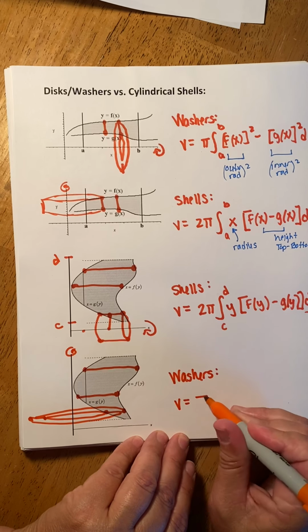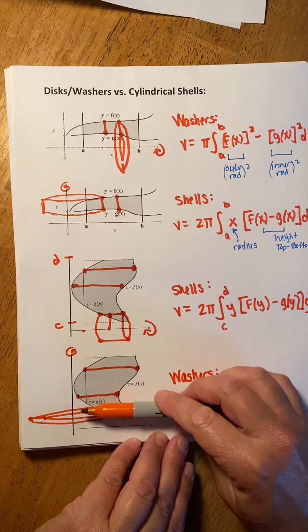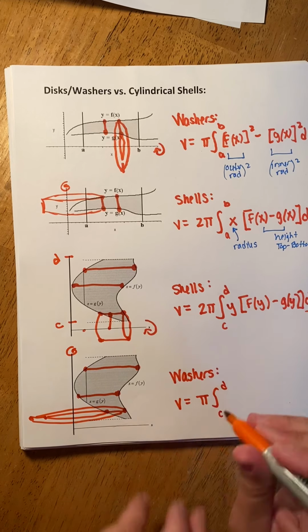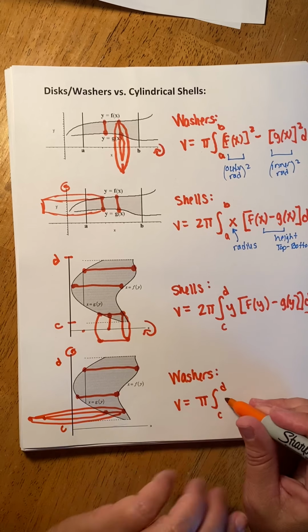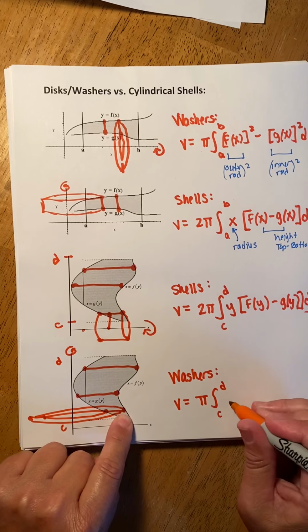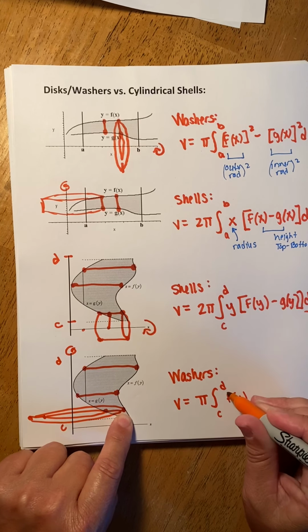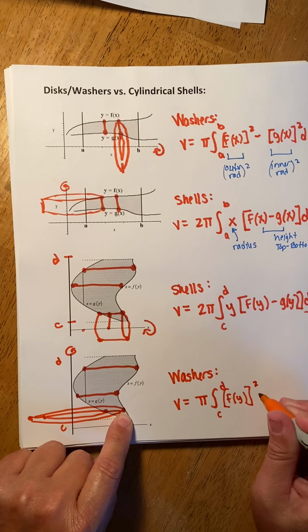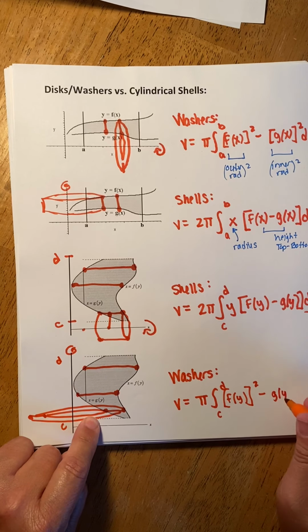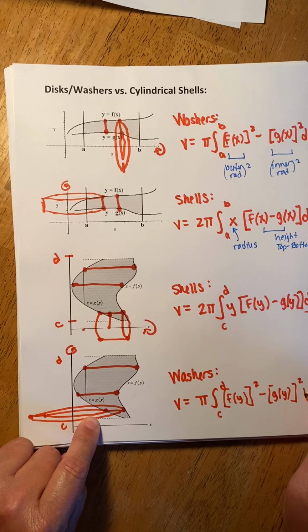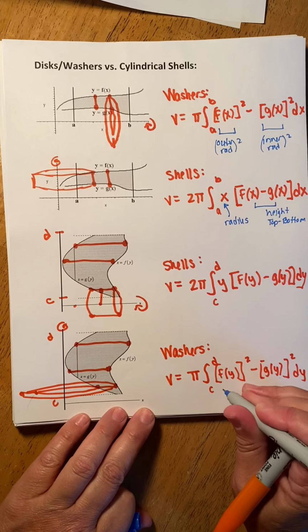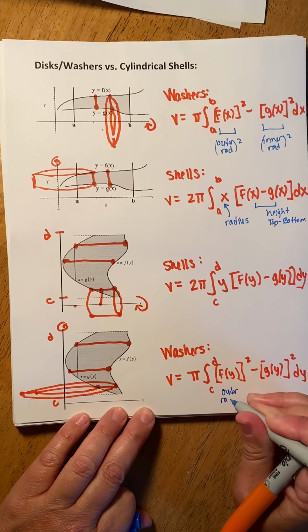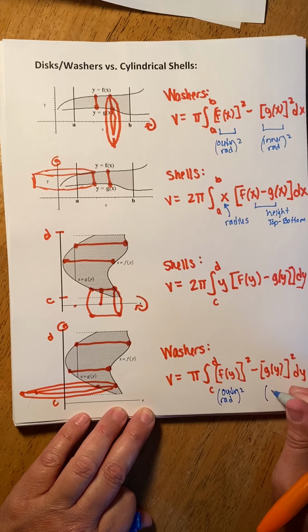So my volume would just be pi, my horizontal lines range from C to D again, and then I'm going to do the outer radius, f of y, squared, minus the inner radius, g of y, squared dy. So this is going to be the outer radius squared. Here we have the inner radius squared.